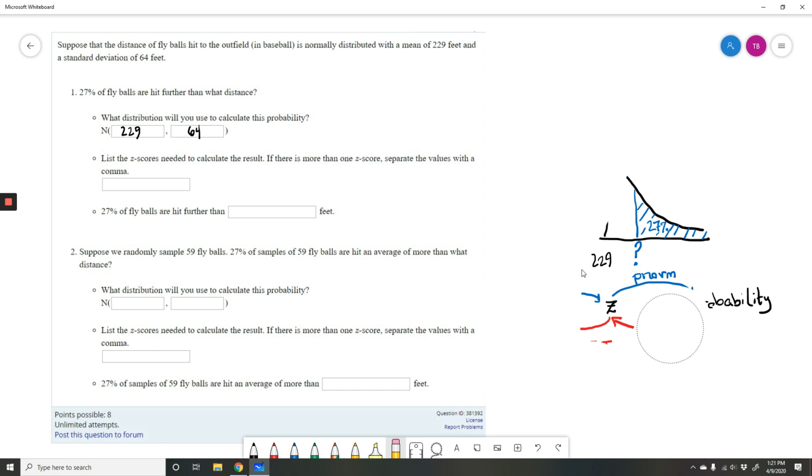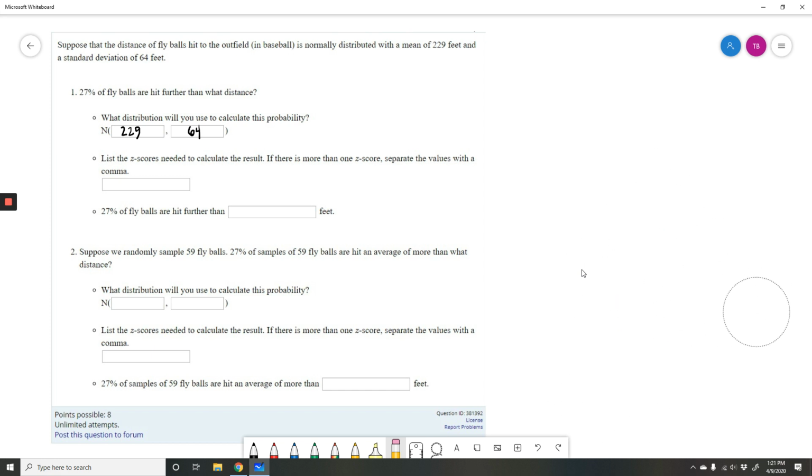central limit theorem here, right? Because now we're not dealing with a single value, we're dealing with a sample of values. And we're looking at the x bars, the averages of those samples. So we will need the mean of those sample averages, which is the same as the mean of the population, which is 229.